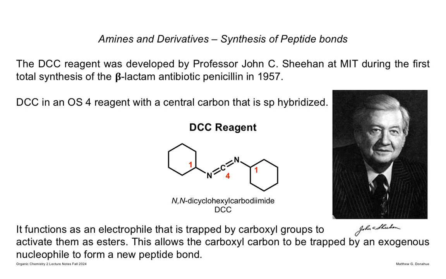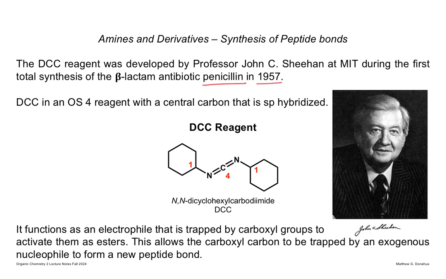So I thought I'd spend 30 seconds or a minute talking about DCC. Again, DCC doesn't exist in nature. You can't go to a plant and extract it or anything. It was developed by Professor John C. Sheehan at MIT, really for the aim of making penicillin in 1957.